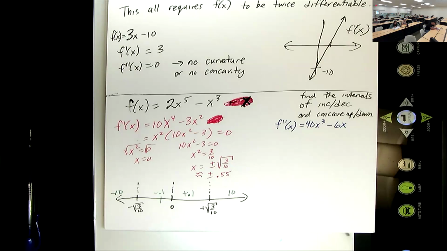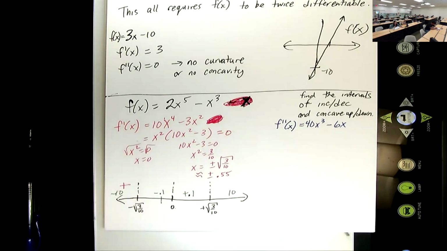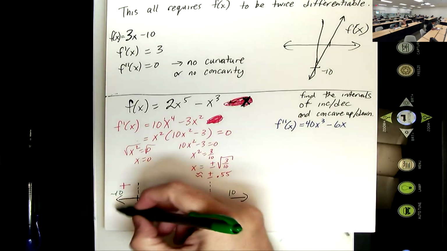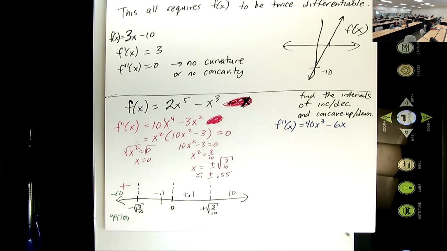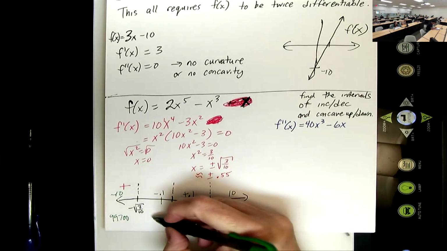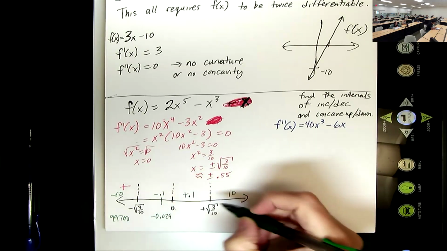That's positive. And 0.1. I got 99,700 here. Here I got a negative value, negative 0.029.